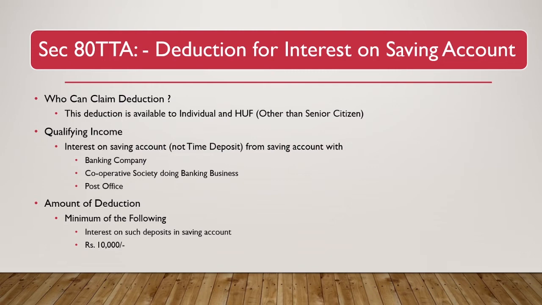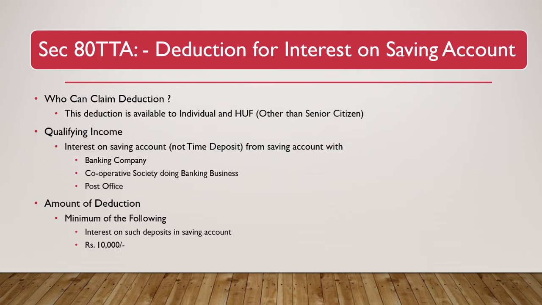Section 80TTA, deduction for interest on savings bank account, can be claimed by SSC being individual or HUF but not being senior citizen, having savings bank account and receiving interest for the same, maximum of rupees 10,000.